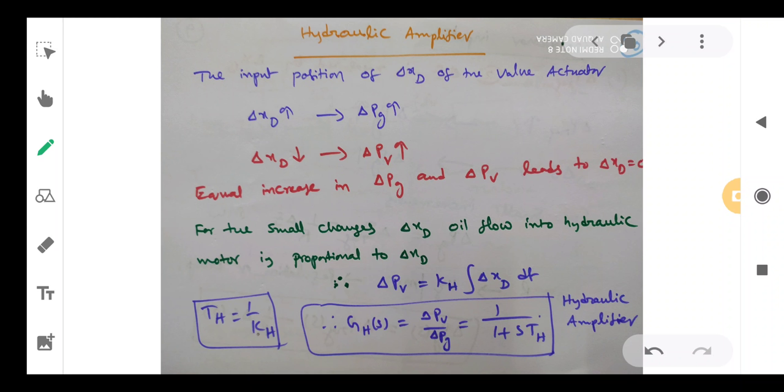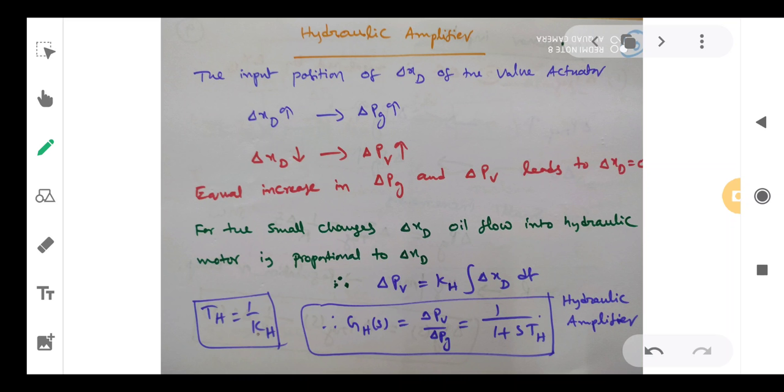The next part of the governing system, the hydraulic amplifier, is one of the important ones. An upward movement of delta xd leads to an increase in delta Pg, and a downward movement leads to a decrease.